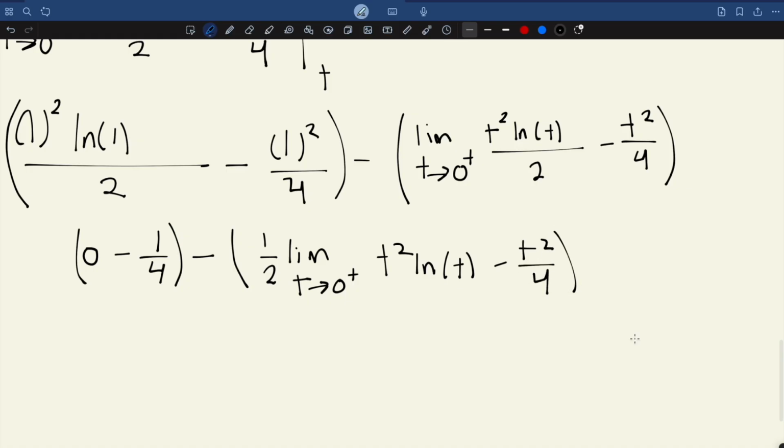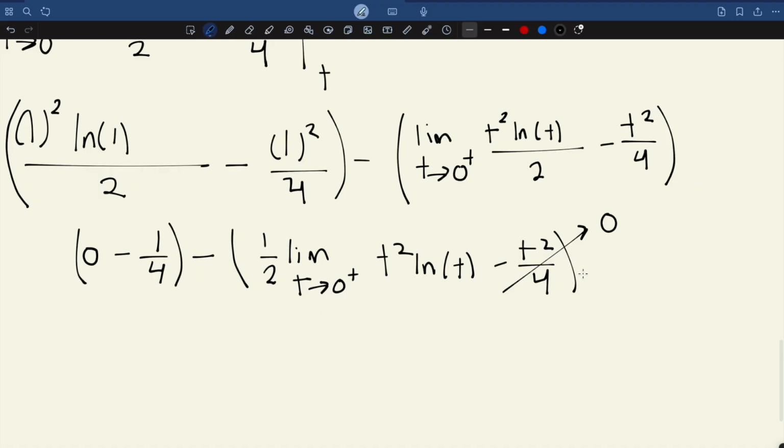Okay, so now the limit as t approaches 0 from the right of t squared ln of t would be in indeterminate form, okay? The other term, t squared over 4, would just go to 0 as t approaches 0 from the right.